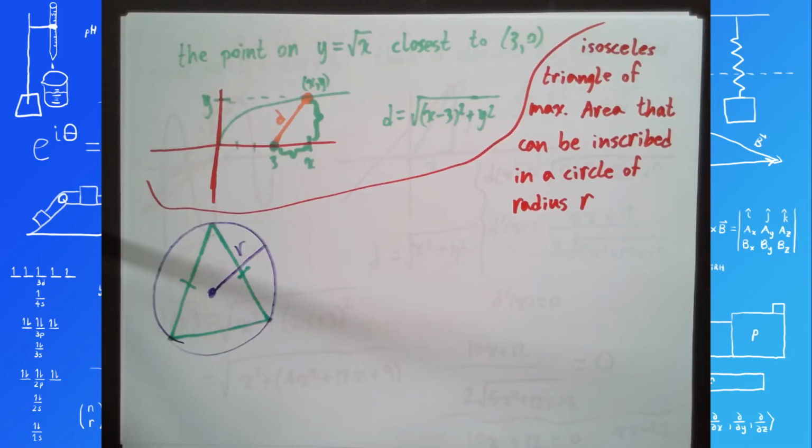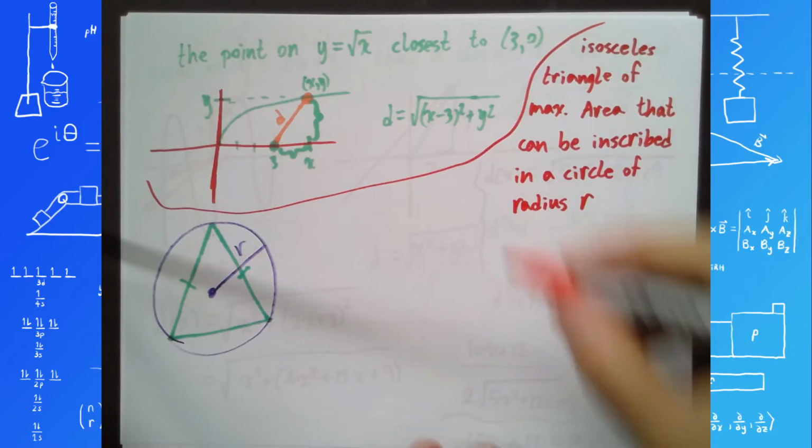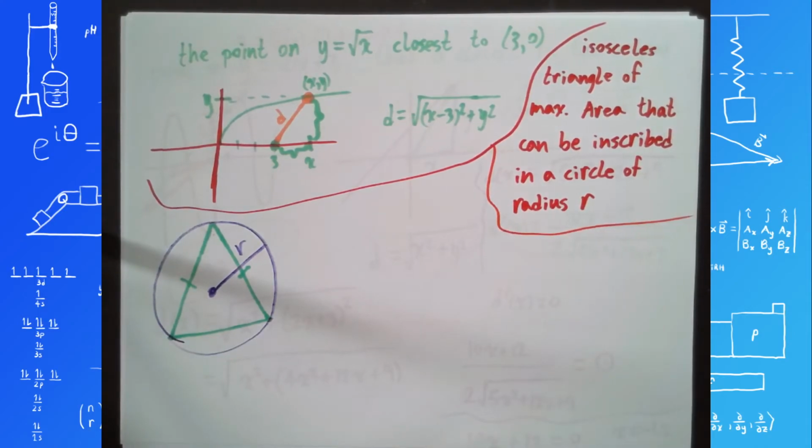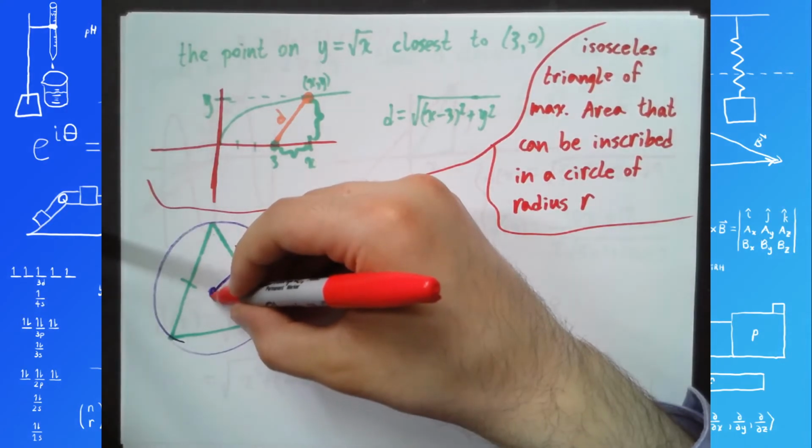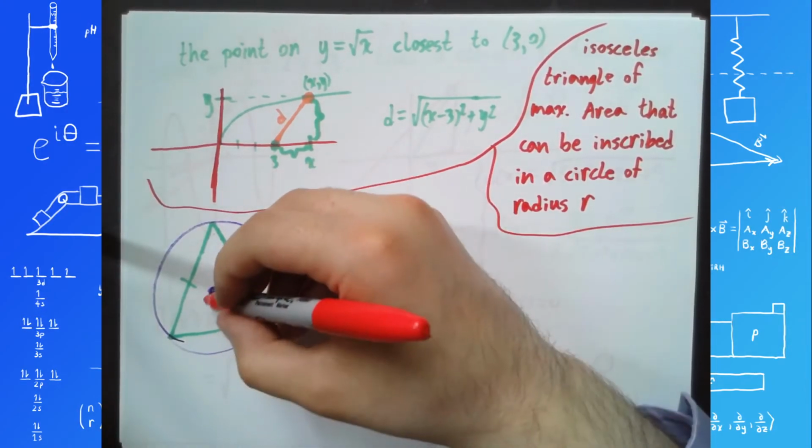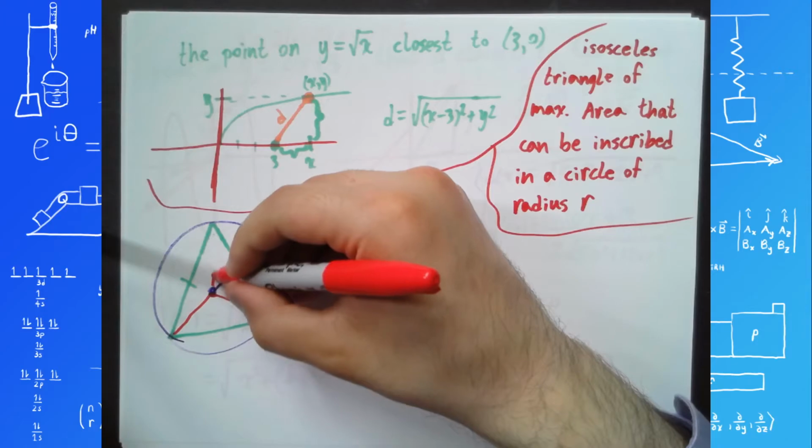And there we go. So there's an isosceles triangle inscribed inside of a circle of radius r, and we want to maximize its area. So coming up with a formula is going to be a bit of a challenge here, but let's see what we can figure out. Well, I know this is r, and this is r, and this is r.